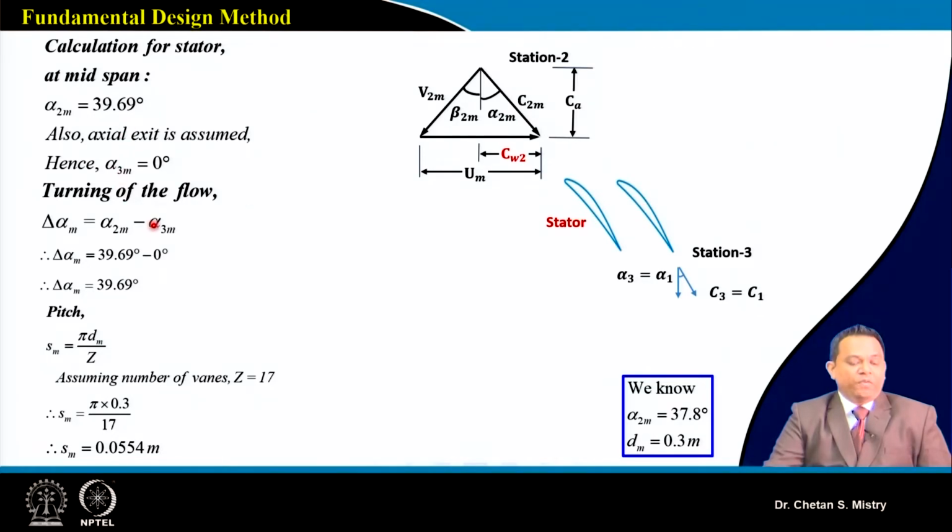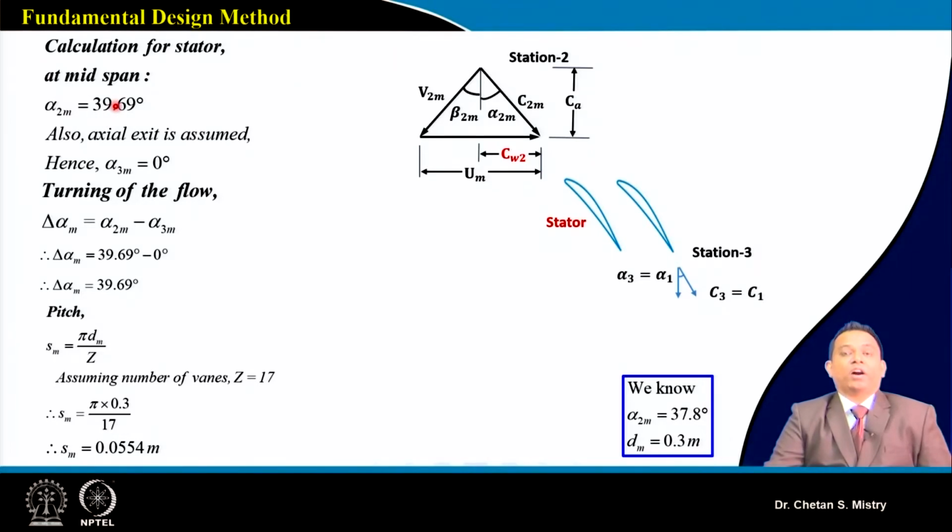That's the reason we are putting here alpha 3m as 0, at the exit, and alpha 2m as 39.69. Remember we have modified our mid station, and that's the reason why we need to put this set.